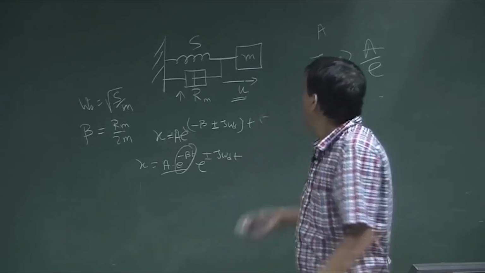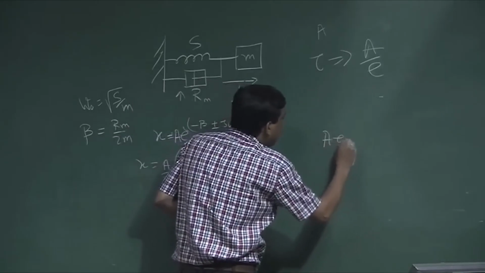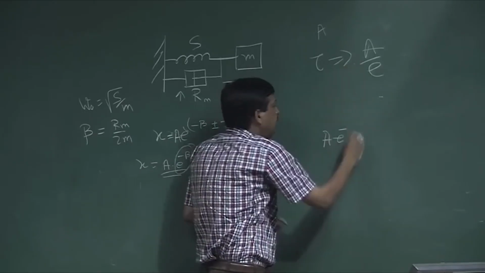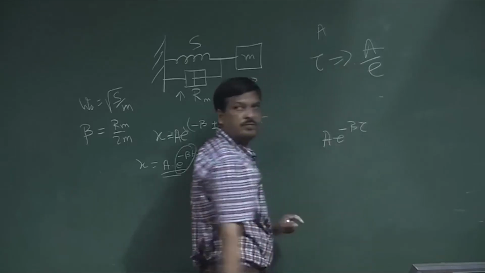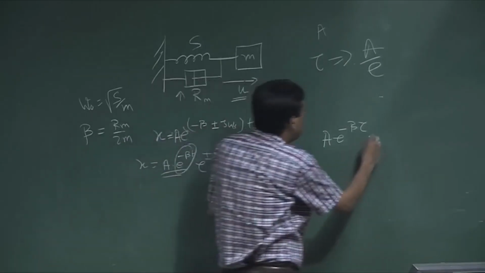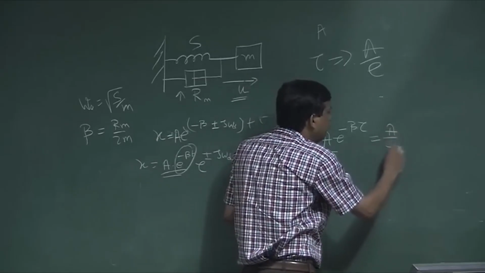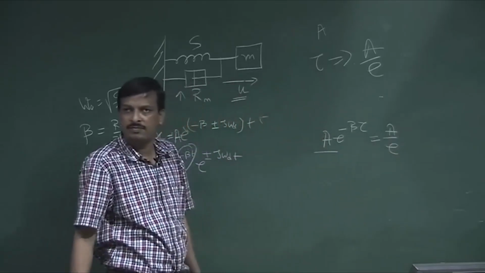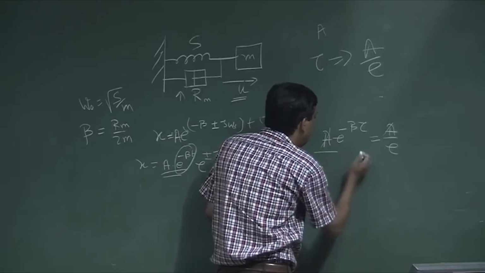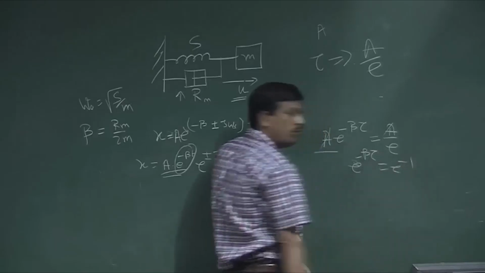Okay. Now, what is the amplitude? A e to the power minus beta t, at t equal to tau it is A e to the power minus beta tau. As per the definition, this must be equal to A by e. So, A cancels, and e to the power minus beta tau is nothing but e to the power minus 1.